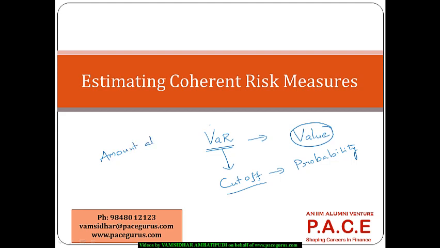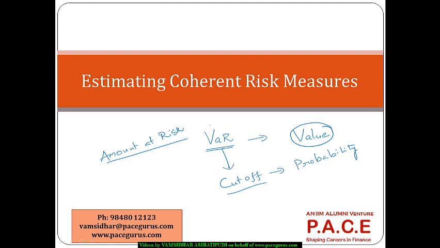If you look at the definition of VaR, it is only telling me that there is a 5% chance that the loss is more than something, or there is a 95% confidence that the loss will be less than this much, but it's not telling me one single value which is a measure of risk.